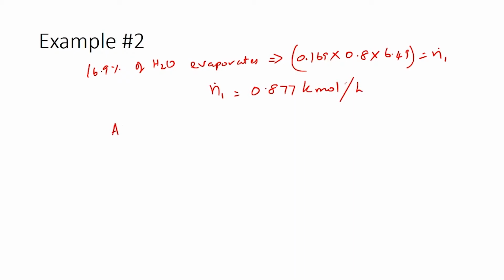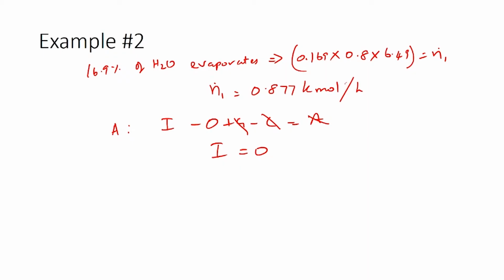Then we can write the sodium acetate balance. Sodium acetate balance would be input minus output plus generation minus consumption equals accumulation. It is not taking part in any reaction. So, generation and consumption go to 0 and at steady state accumulation goes to 0, giving you only input equals output. So, there are two components of sodium acetate which are leaving the system and there is only one component of sodium acetate entering the system.